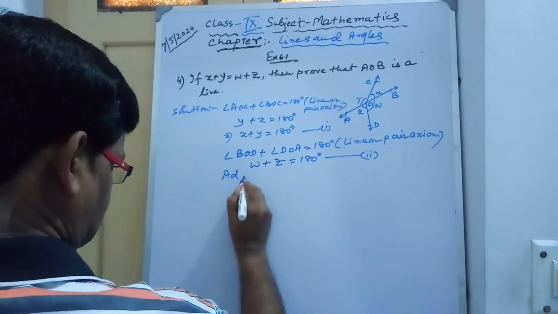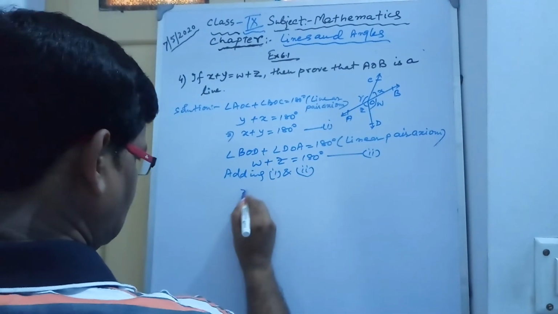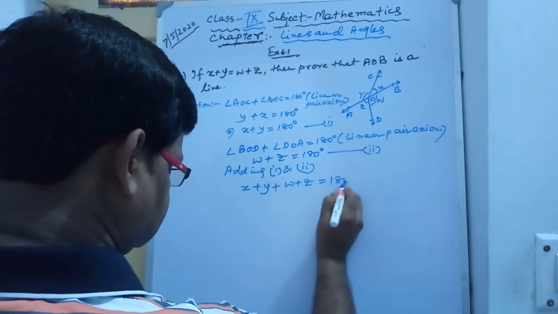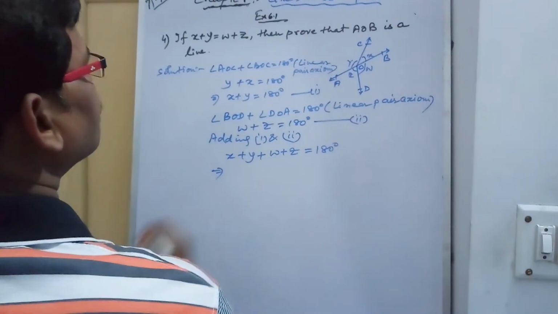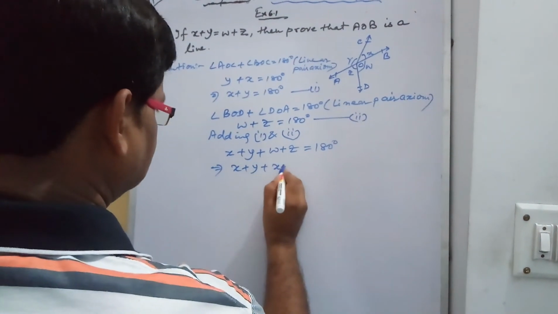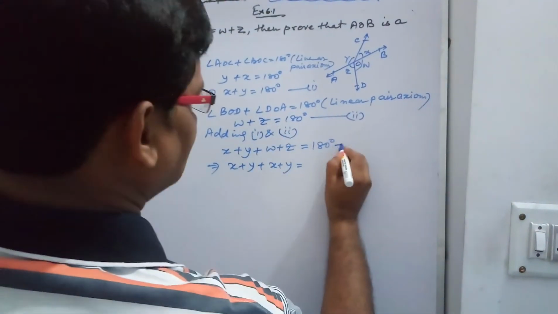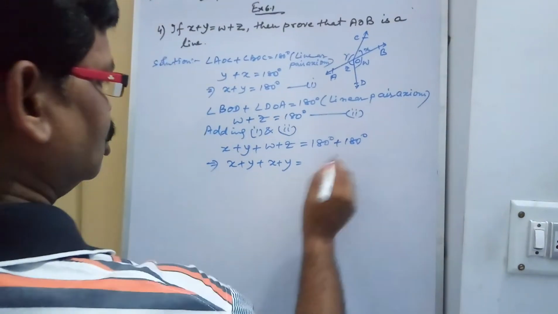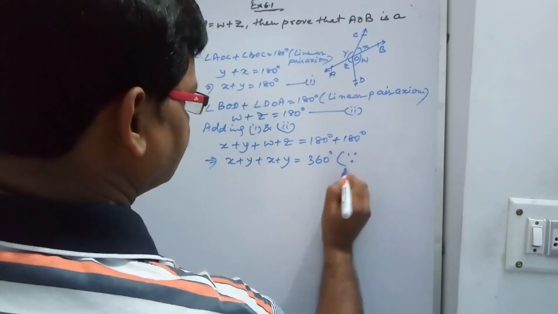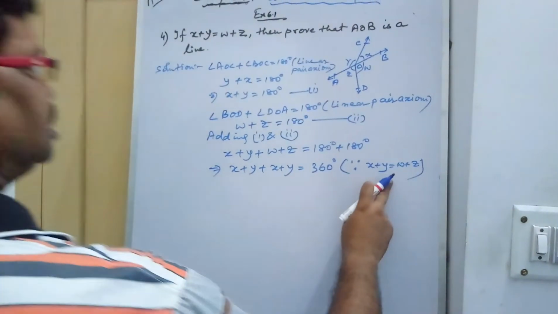Now adding 1 and 2, x plus y plus w plus z becomes 360 degrees. x plus y equal to w plus z, that is given in the question.